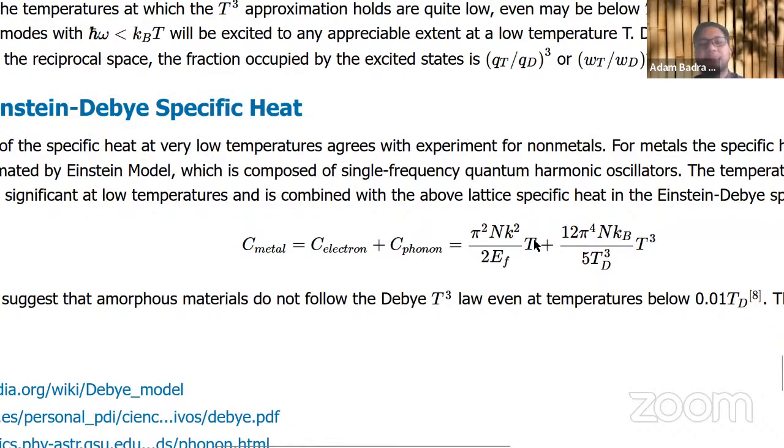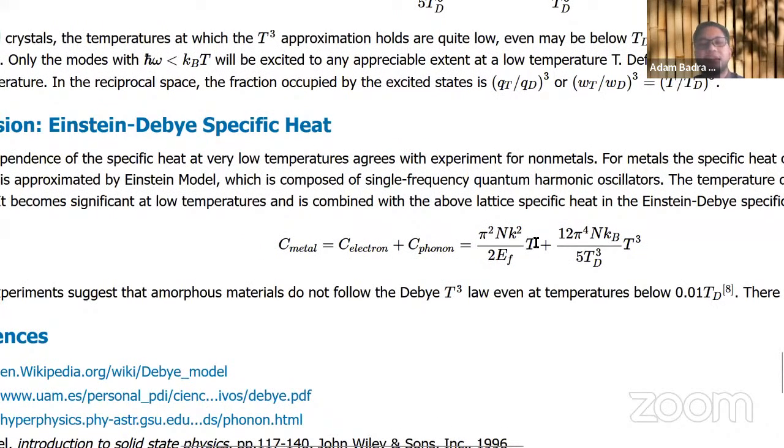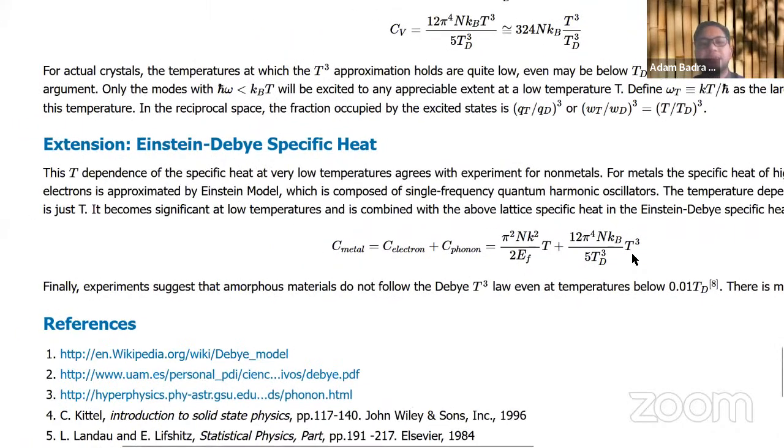So it has a dependency on T and also a dependency on T squared. This behavior is observed in metal.